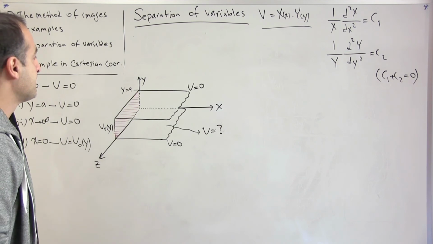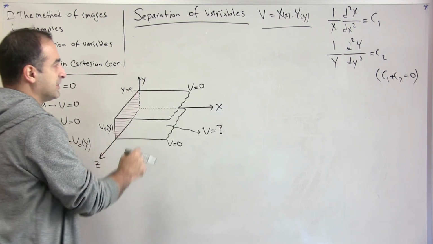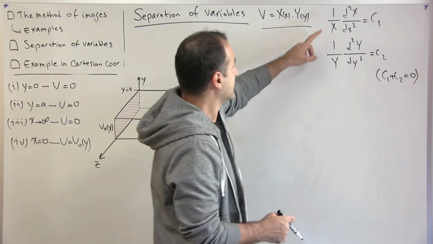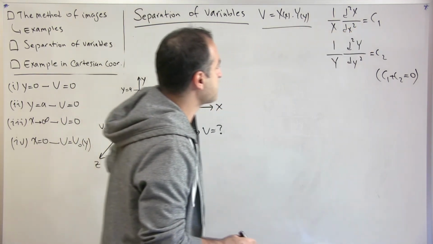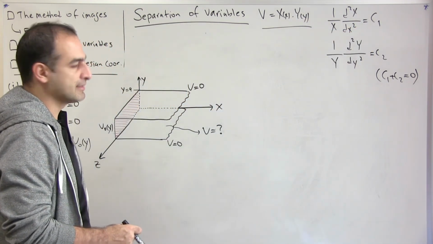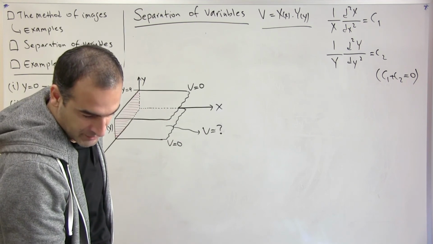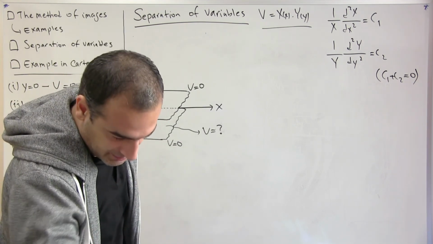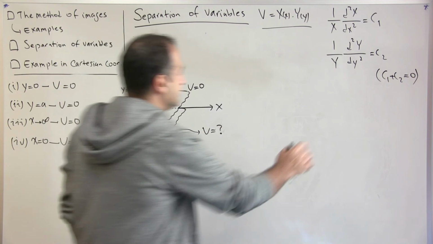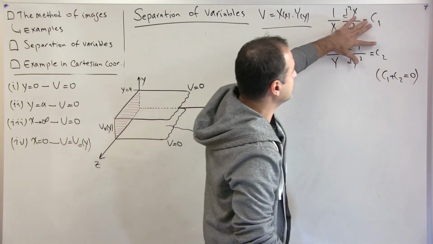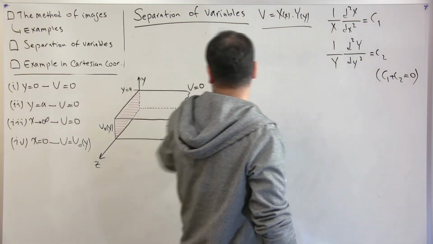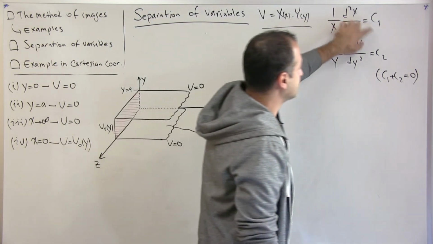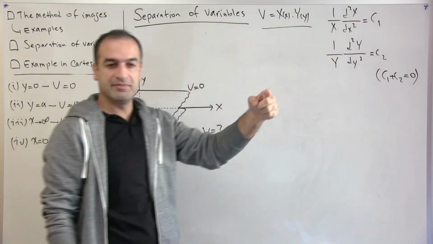So because of the geometry, I want to assume that C1 is a positive number and C2 is a negative number. These two should have opposite signs. Right now, it's not clear why I'm making that assumption, but in a bit you're going to see why.